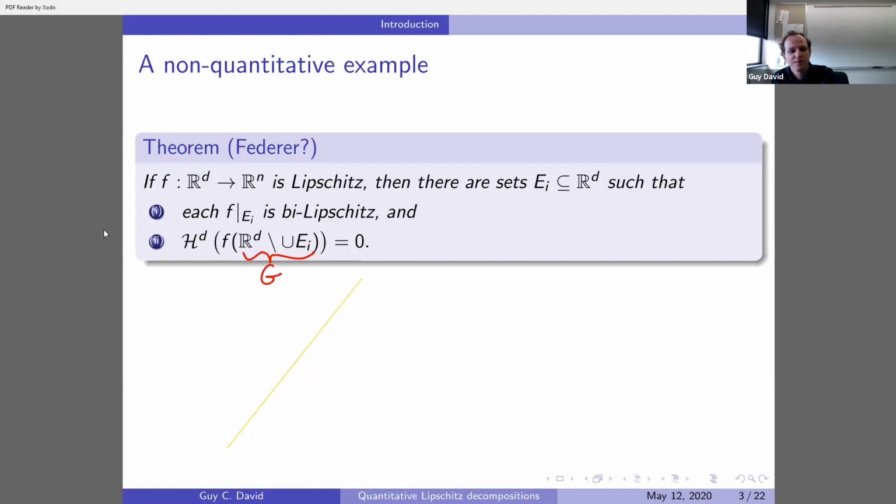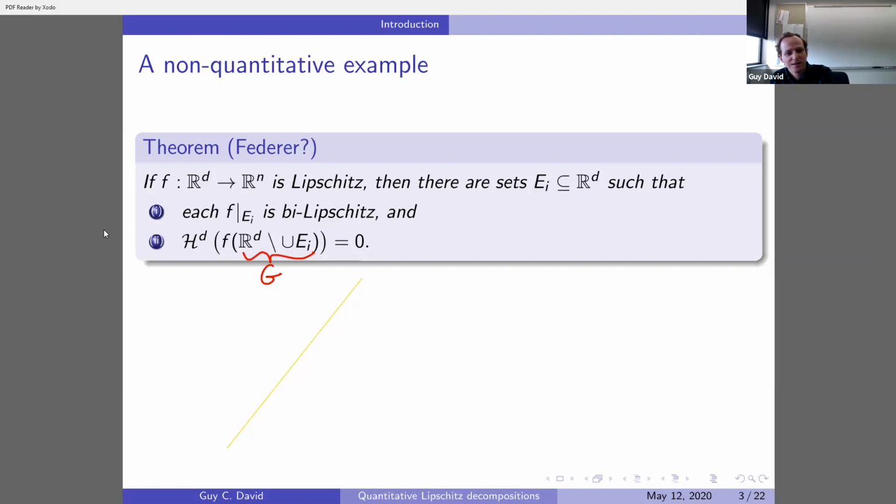So that's what I mean by the size of the garbage set is small. And item 1 says that the mapping on each piece is simpler. It's an embedding, right? It's in a quantitative way. Okay. So here we're measuring the size of the garbage set by the d-dimensional Hausdorff measure of the image.